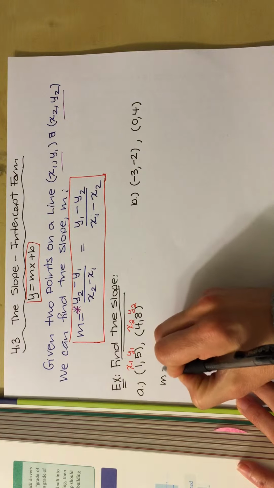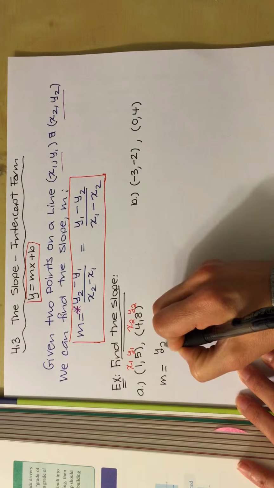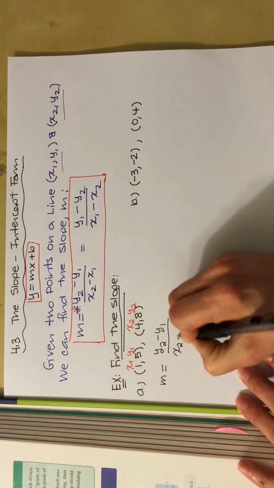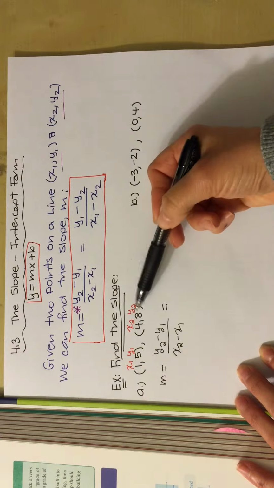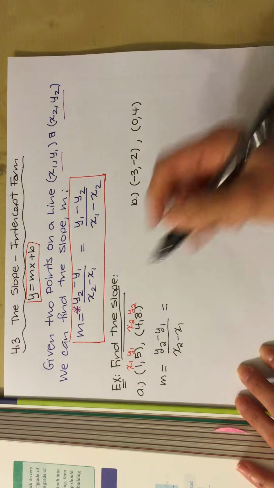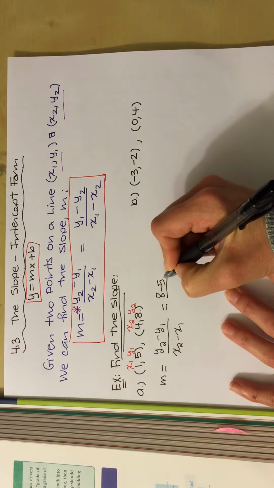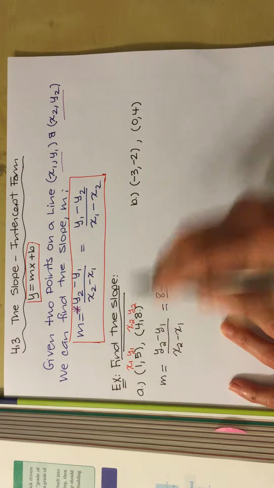So we have m equal to, I'm going to rewrite it, y2 minus y1 over x2 minus x1. So it's going to be 8 minus 5 in the numerator, and then we're going to divide by 4 minus 1.